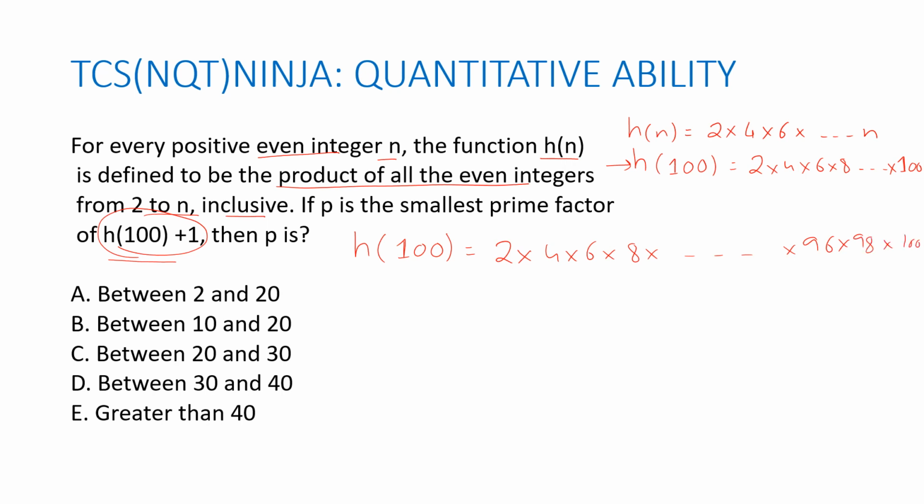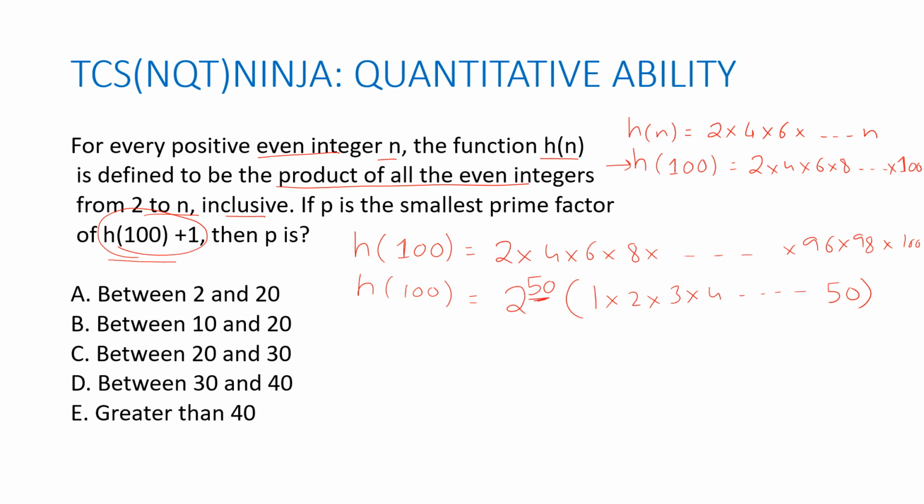Now, to simplify it a bit, I can take 2 from each term outside. There are 50 such terms, so I can take 2 raised to power 50 outside. And then what is left inside? 1 into 2 into 3 into 4 and so on till 50. Please make sure of this. You have taken 2 from each term outside and thereby it accumulated a power of 50 outside.